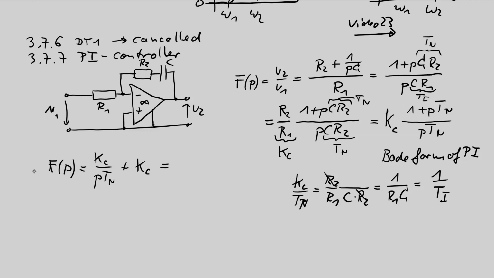And I can say, okay, this is 1 divided by pTi plus Kc. Later I will show you in symbols, this is the summing form of a PI, the summing form or parallel form of PI.